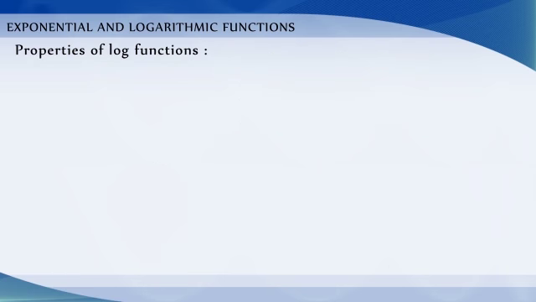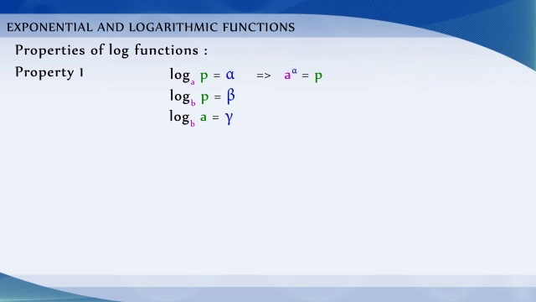Properties of log functions. Let log p to the base a is equal to alpha, log p to the base b is equal to beta, and log a to the base b is equal to gamma. Converting these logarithmic functions into exponential form, we get a raised to the power of alpha is equal to p, b raised to the power of beta is equal to p, and b raised to the power of gamma is equal to a.